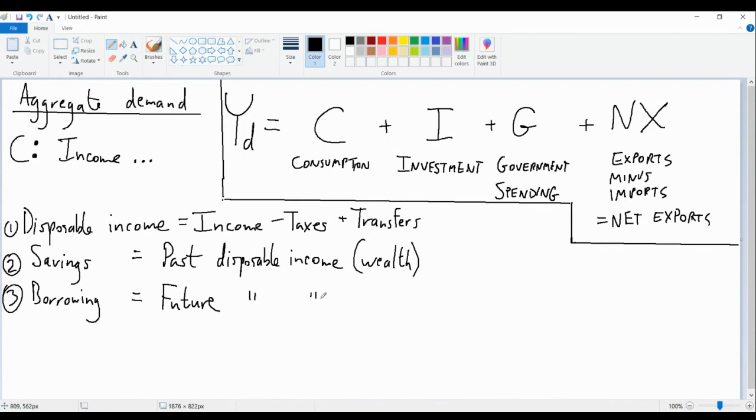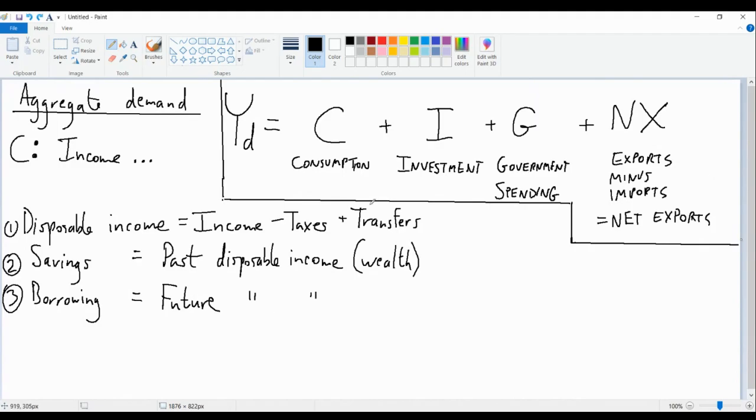So current spending on consumption is coming out of my current disposable income, my past disposable income, and my future disposable income. Which is interesting because it seems to suggest that as long as I'm able to access my wealth and borrow against my future income, my consumption should not move around much.